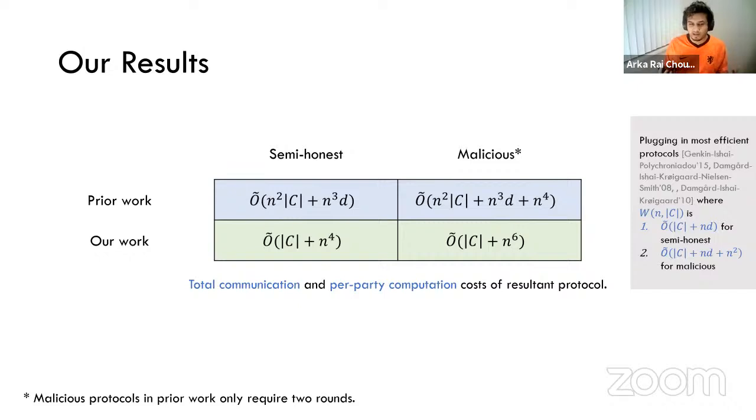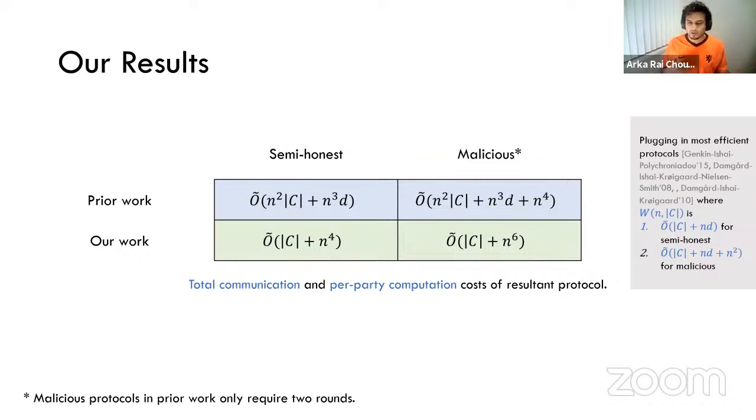So in our work, we don't get this multiplicative factor, and the additive factor is not too far off from previous work. And similarly for the malicious setting, although I should note that the malicious setting in prior work is really 2 rounds, and our work actually requires 3 round protocols.